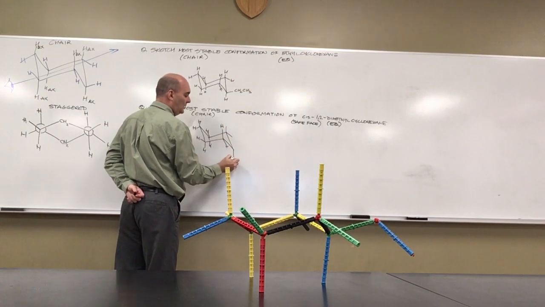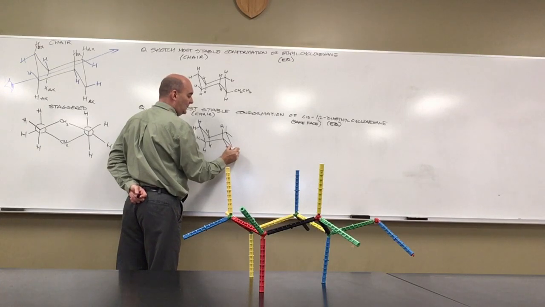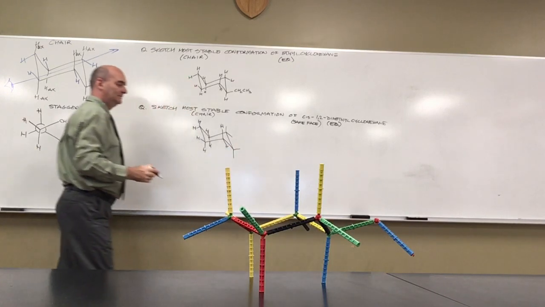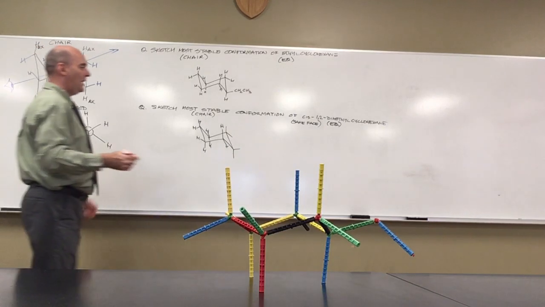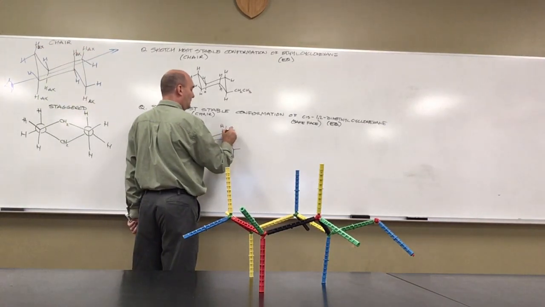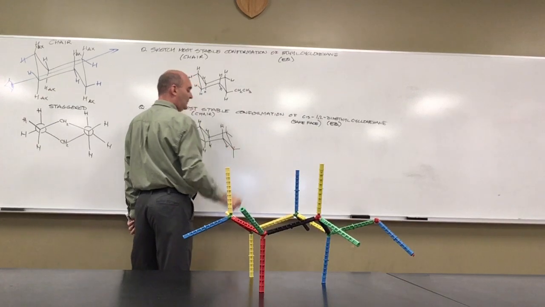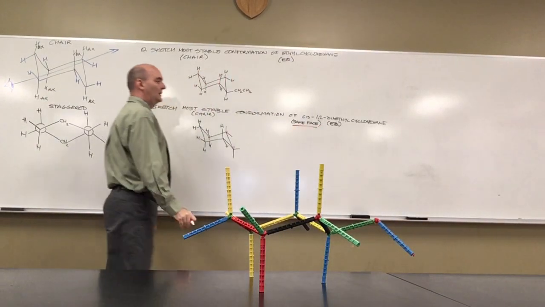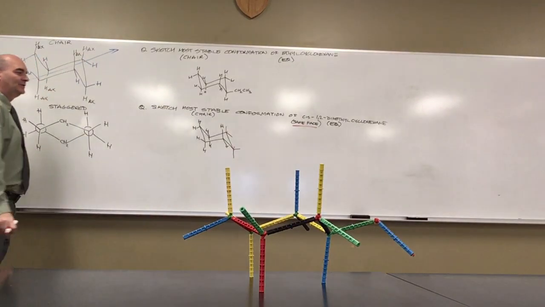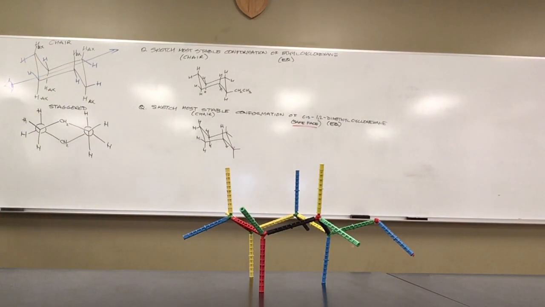Carbon number 2 has an axial and an equatorial position. Just got to figure out what's what. So that's number 1 and that's number 2. The methyls have to be on the same face. If they're on the same face, can they both be equatorial?